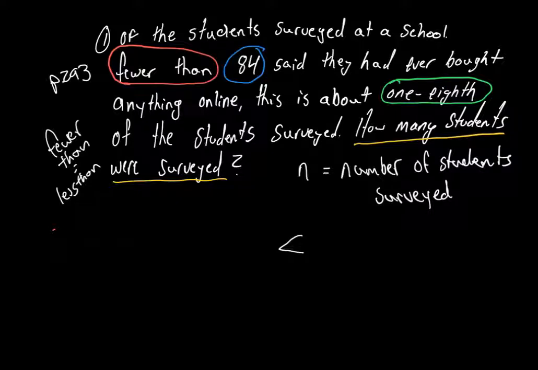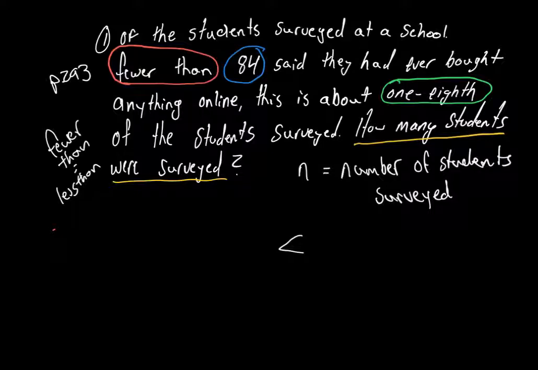So fewer than 84. Now I have to decide, where does that 84 go? Is it going to go on the left side over here, or is it going to go on the right side over here? This is why you go slow, because you need to set up your problem correctly. Otherwise, you'll get the question wrong.